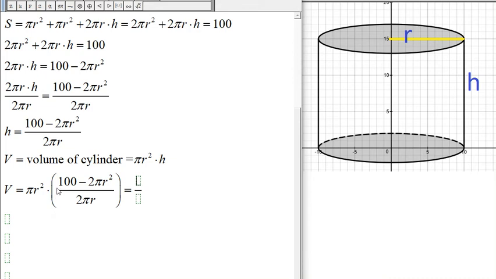There are a couple of ways to do this. Let's rewrite it: this is the same as pi r times r, and then times this. We can see that the pi r and the pi r cancel out.